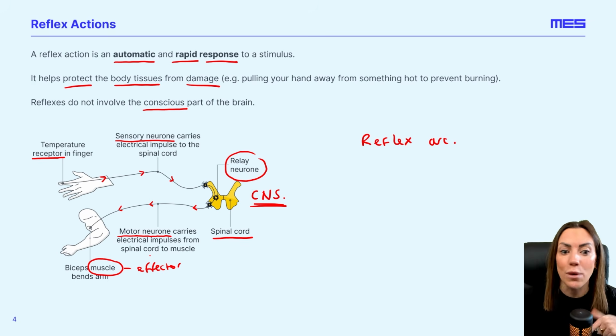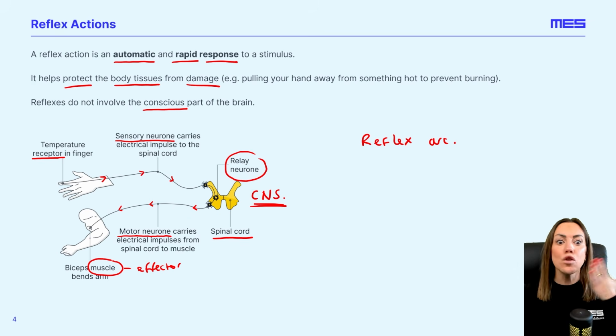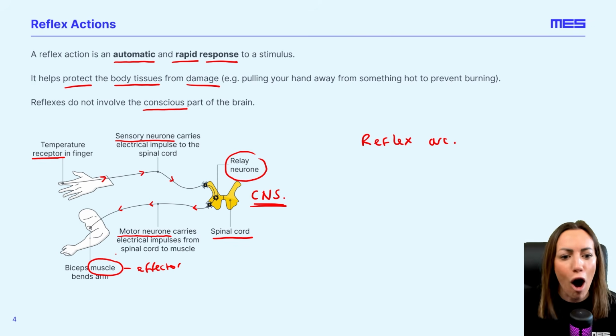Now, effectors can only be muscles or glands. Here, the effector is a muscle because the response is that the muscle contracts to move your hand away from that hot object, whatever was increasing the temperature, basically to protect your skin from any damage.